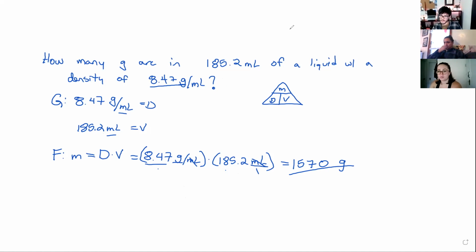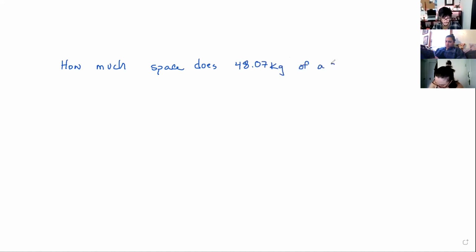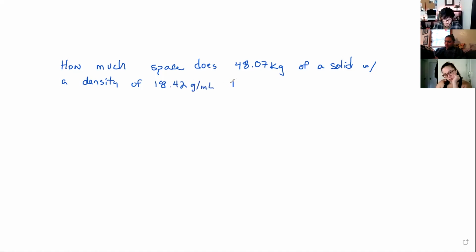And we're going to do one more of these density problems. Let's try, how much space does 48.07 kilograms of a solid with a density of 18.42 grams per milliliter take up?